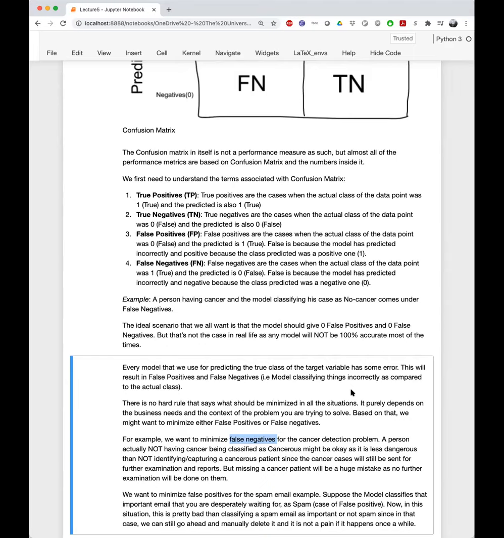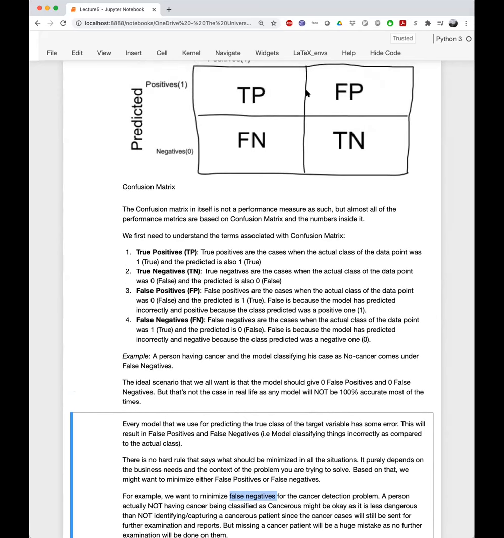In this case, you may also wonder what if we minimize false negatives, but we have more false positives? For this particular case, false positive is not really a big problem. A false positive in this case means the model predicts the patient has cancer, but actually the patient doesn't have any cancer.